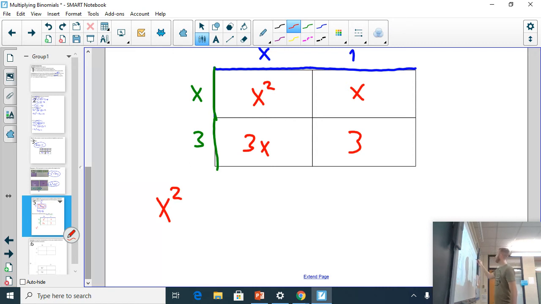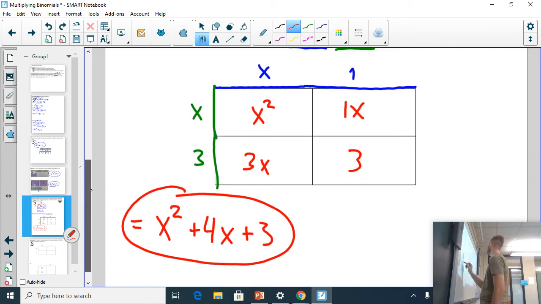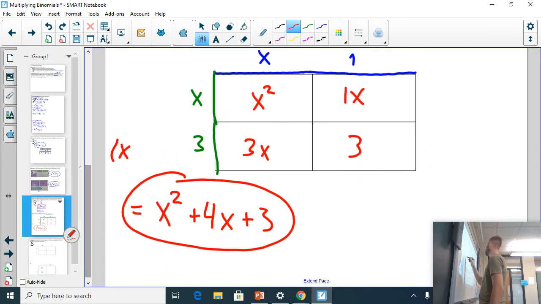Then notice we have an x, a 1x, and a 3x. If we add those together, we'll get 4x. And then at the end, we also have 3. So here's our answer, right? If we multiply these two binomials, x plus 1 times x plus 3, this is what we get, right? This is another way of distributing.